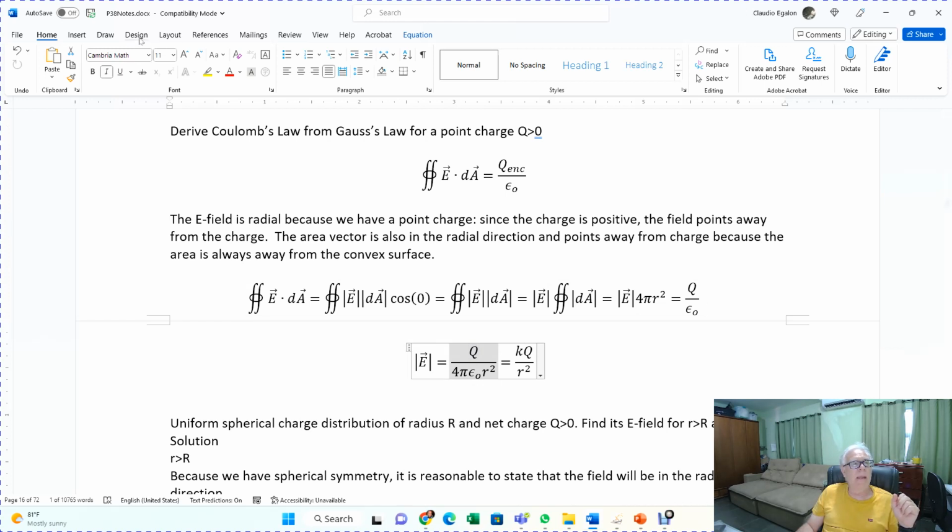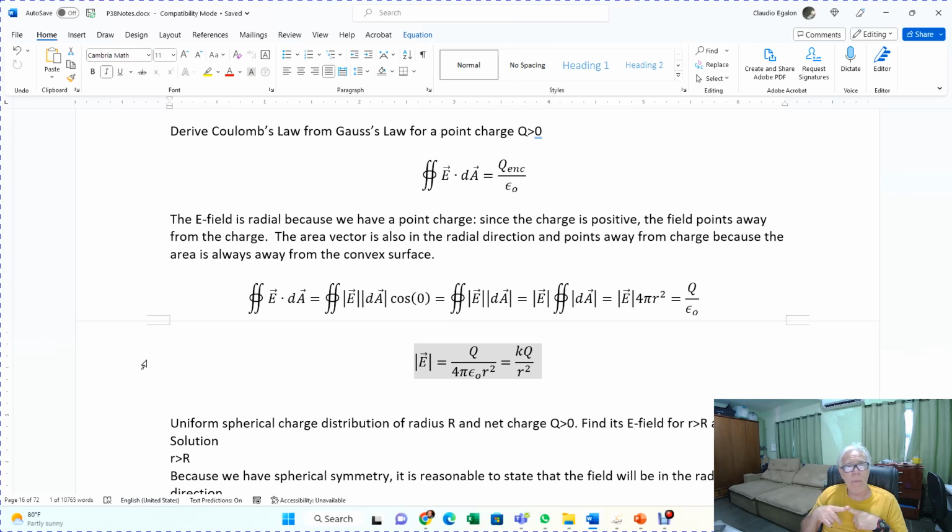This is a very simple example that we can use to illustrate Gauss's law and to verify Coulomb's law in terms of Gauss's law. In order to reach this result, I did not know the form of the electric field whatsoever. I knew only how the electric field behaves in a qualitative way with respect to the point charge, right?